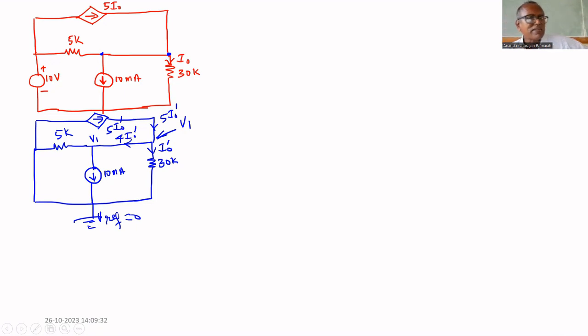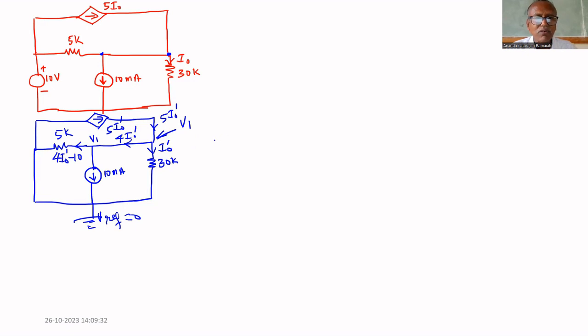Therefore, 4 I0 dash is coming through this. It is available in the node. Don't consider it as a branch. Out of 4 I0 dash, 10 milliampere is going through this. That's why the current here is 4 I0 dash minus 10 milliampere.